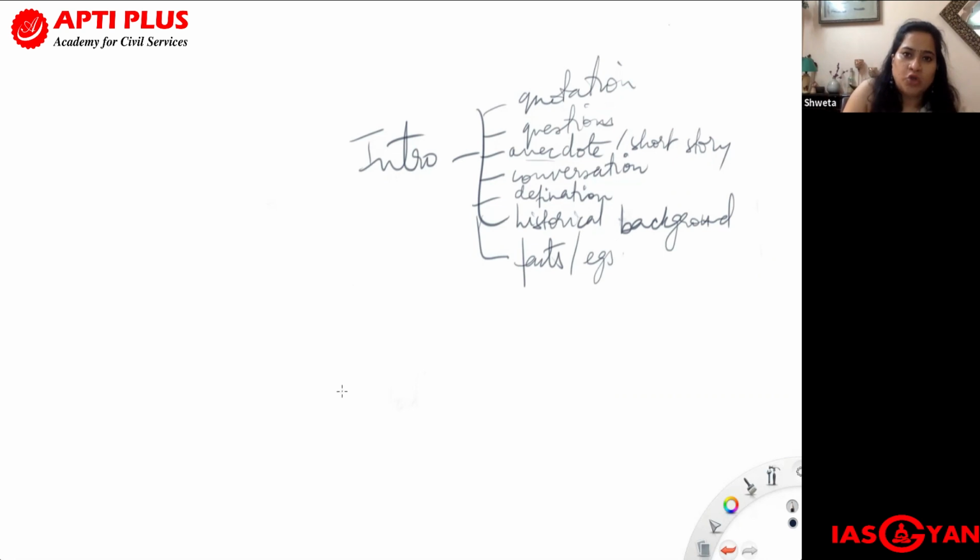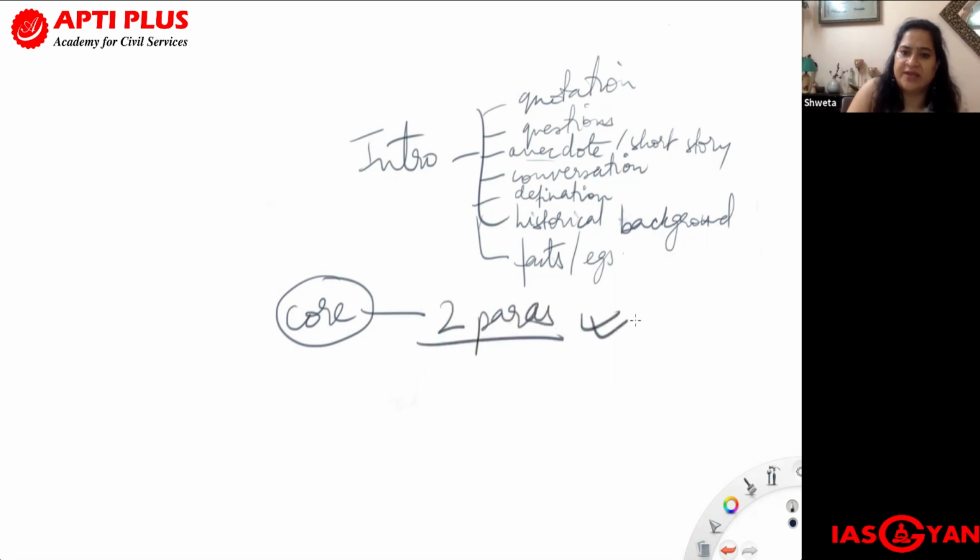Not only for economic, social, or political essays, but the rule applies to philosophical essays as well. Every topic has some core area, core concern. So the first 2 paragraphs should always address the core area, the core concern, the first few ideas and perceptions which you can recall and connect related to the topic.